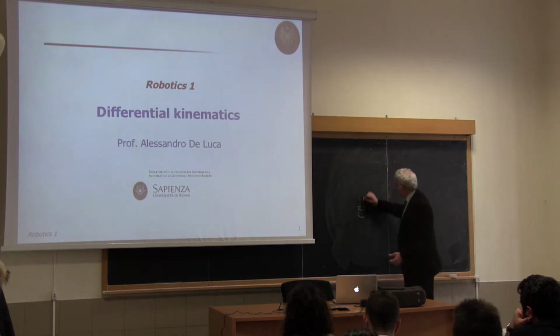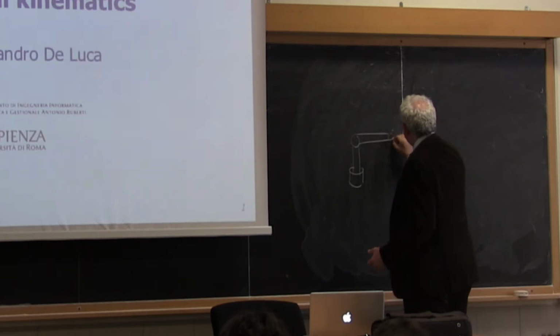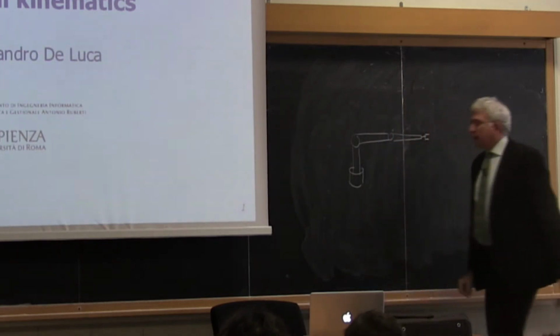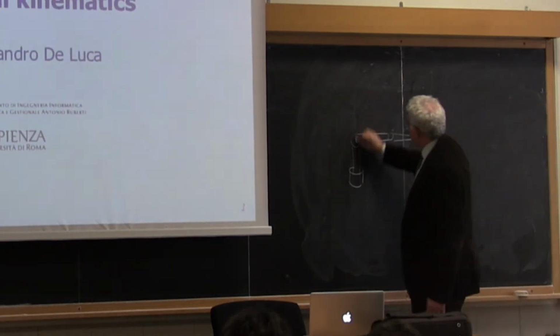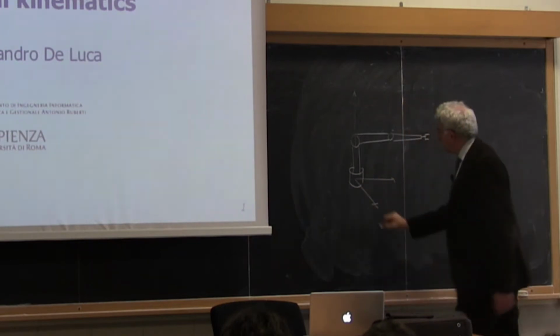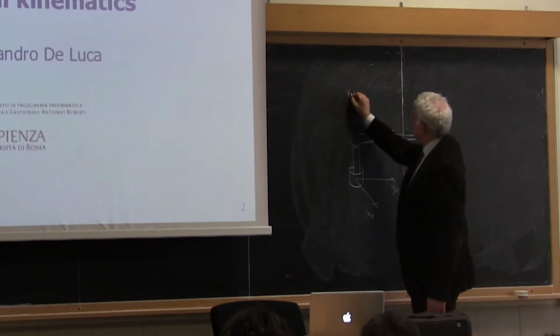Let's say this is the first axis, then I will put the arm in this configuration. Of course, there will be some reference frame. For instance, this is x0, this is y0, and this is z0.